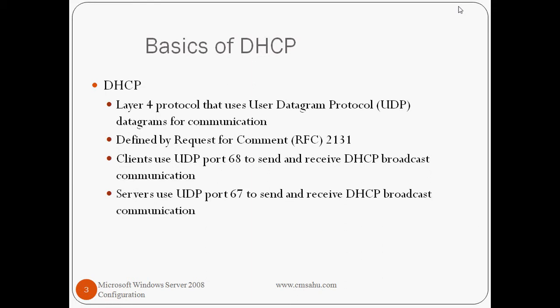That was the first thing, lease and renew. And the second thing: it updates DHCP clients automatically by changing a server or scope option at the DHCP server, rather than performing this action individually on all DHCP clients.